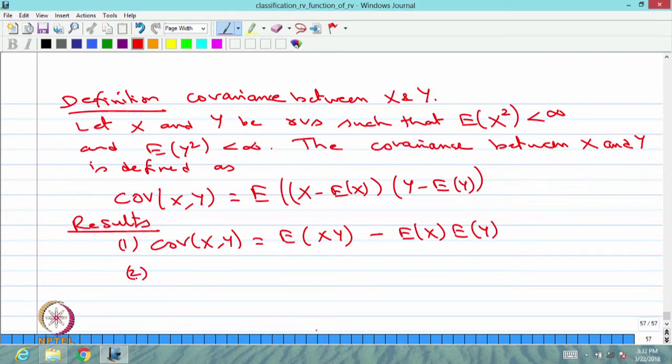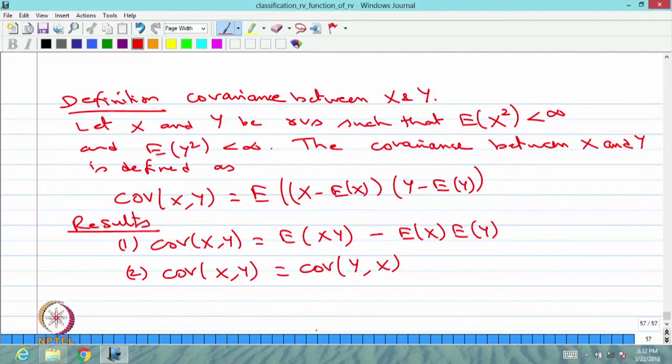The second result: the covariance of x comma y is the same as the covariance of y comma x. That means by interchanging the roles of x and y, you will get the same value, provided it exists.